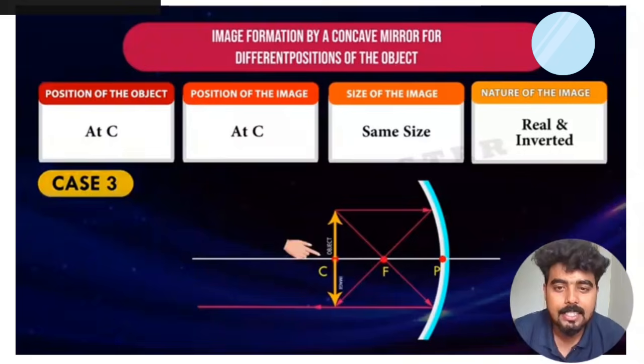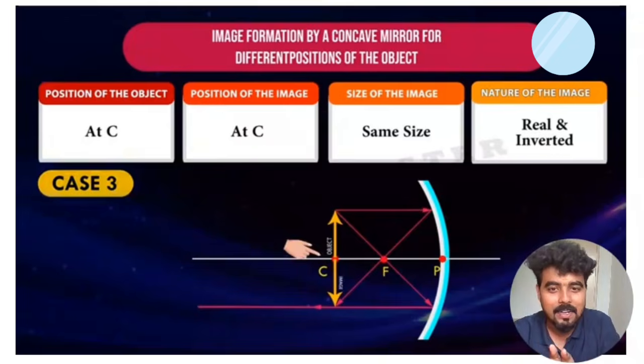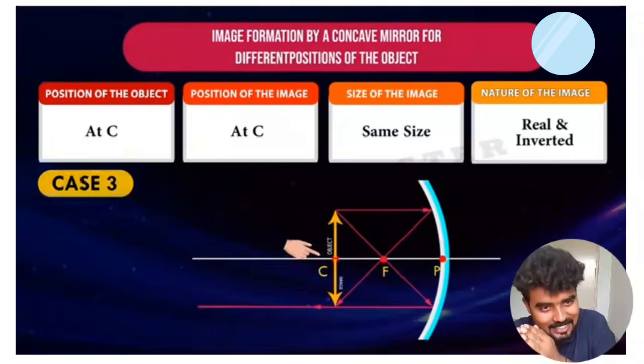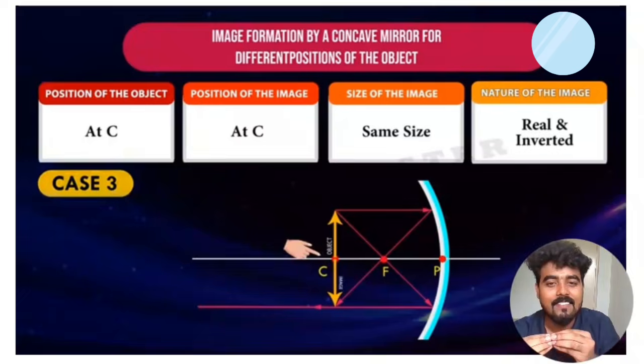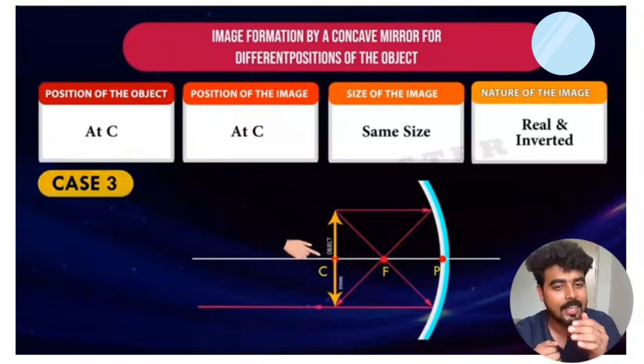What's case study 3? Let's move the object even closer. When the object is placed exactly at the center of curvature C, we take a parallel ray passing through F and a second ray passing through F. Now it becomes parallel.